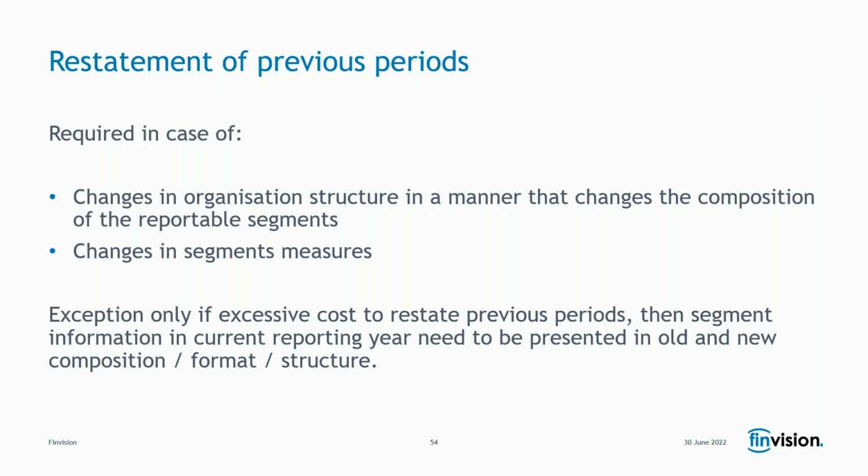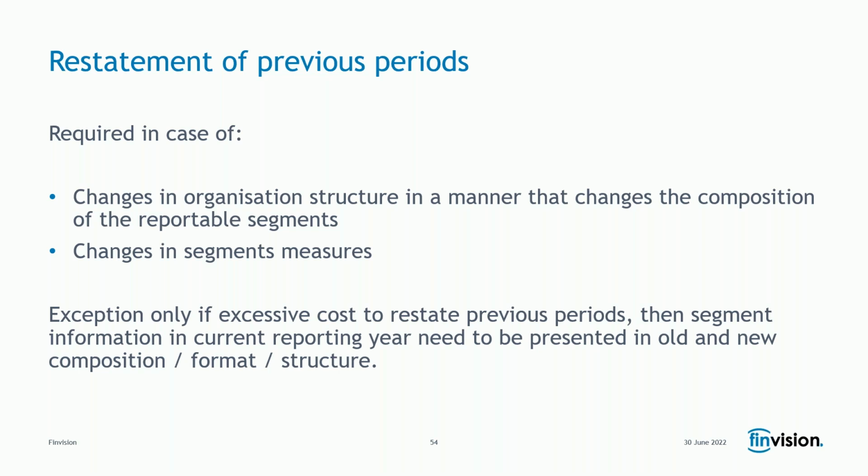And then lastly, restatement of previous periods. Like I said already, when you change your reporting structure, when you change your management reporting, and your operating segments change, and how you present them and your measurement basis change, you need to apply those changes retrospectively. So you will have to restate your prior periods' IFRS 8 disclosures.